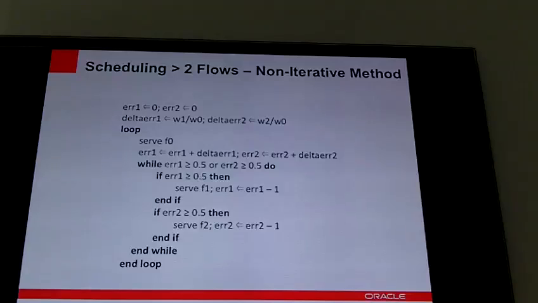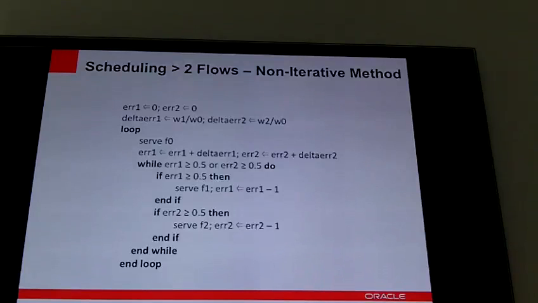Again, the main loop of this algorithm starts out with forwarding a flit from flow 0, and using the ratio of the flow's weights, so that's W1 over W0 for delta error 1 and W2 over W0 for delta error 2, it is then determined how many packets from the other 2 flows, F1 and F2, have to be forwarded.